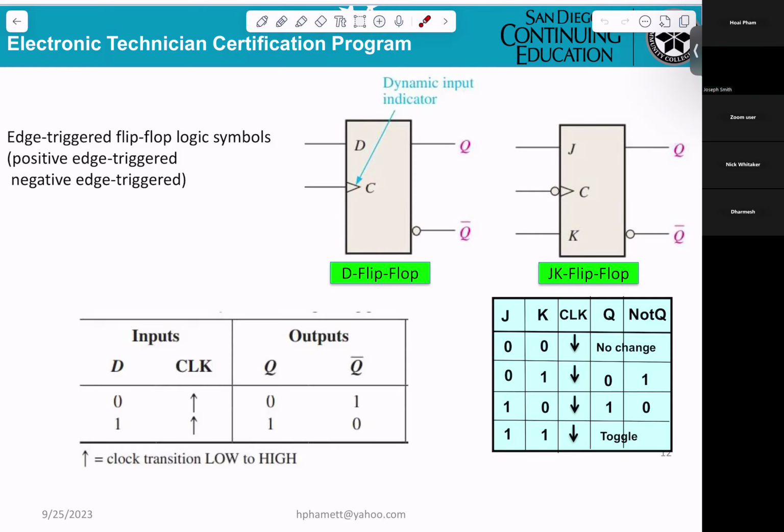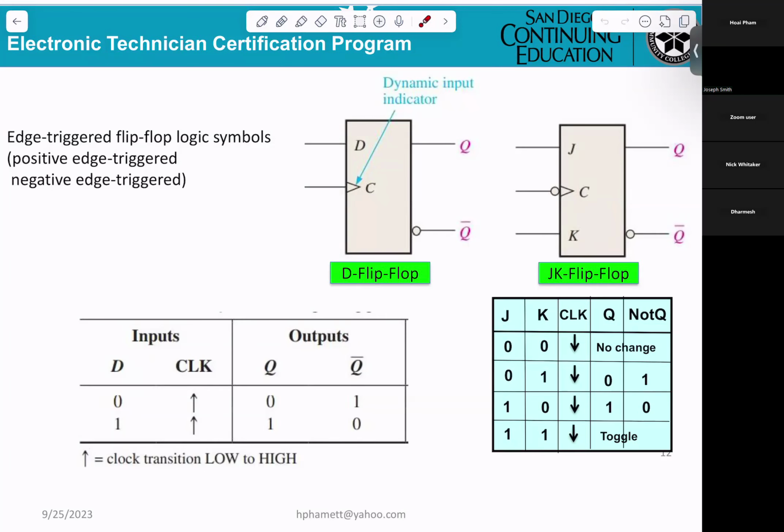This is a D flip-flop, and that one will be JK. You get only two flip-flops.